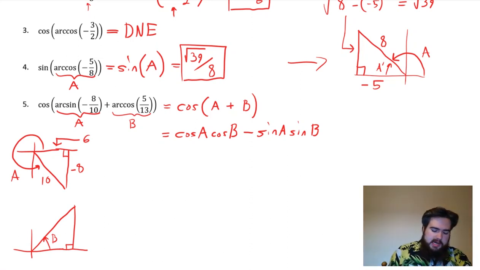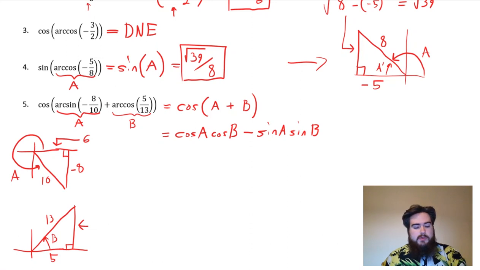Where for cosine, we have adjacent of 5 and hypotenuse of 13. If we can solve for the opposite side, then we should be good. You can use Pythagorean theorem again for that purpose if you so please. However, this is also another Pythagorean triple. This would be a 5, 12, 13 triangle. So this side here is just 12.